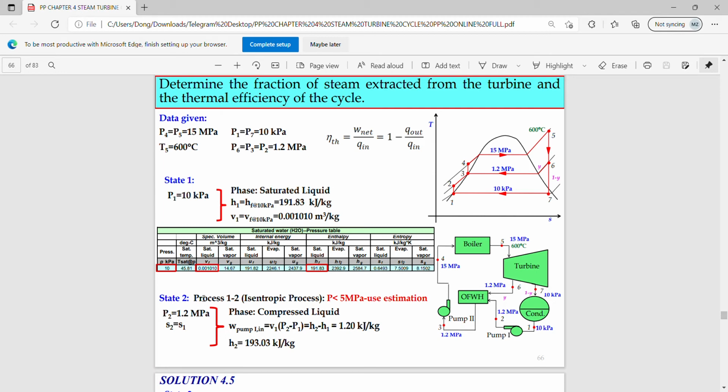So we move to state 2. P2 equal to 1.2 megapascal, S2 equal to S1. Because P2 is less than 5 megapascal, we need to use estimation because the data is not available in the table. So the phase is compressed liquid.